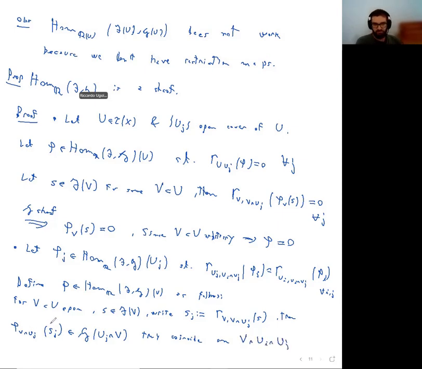So we have this collection, it depends on j, but if you look at them pairwise, they do restrict to the same thing. In particular, they glue.